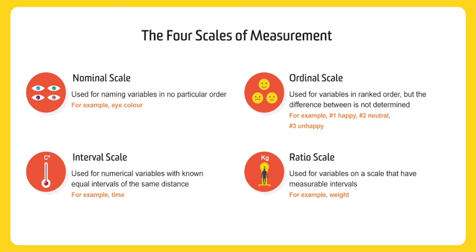Or in an intelligence test or IQ test, if a student scores 100 and another student scores 50, that does not mean the second student is 50% lower than the first student. So this is the interval scale. Also I have given an earlier example, that is, the thermometer measuring temperature.